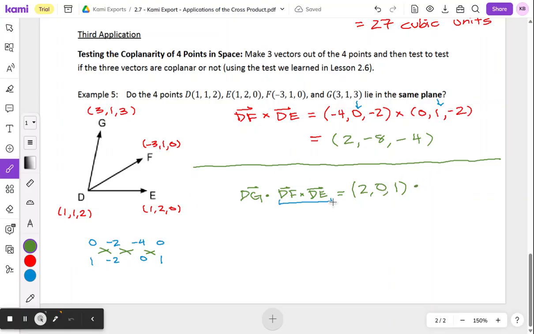And then I'm going to take that cross product and find the dot product of vector DG with this cross product of vector DF and vector DE. Okay, so this is where I'm essentially calculating the volume.